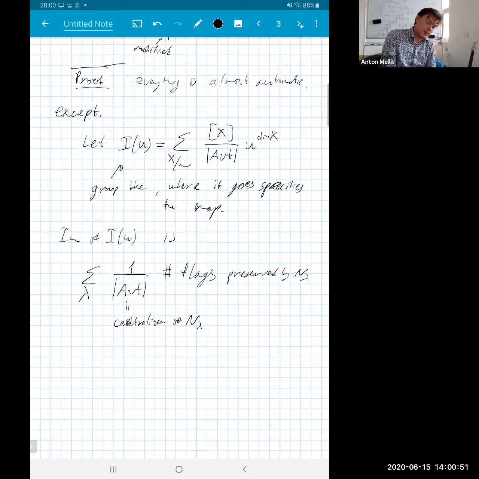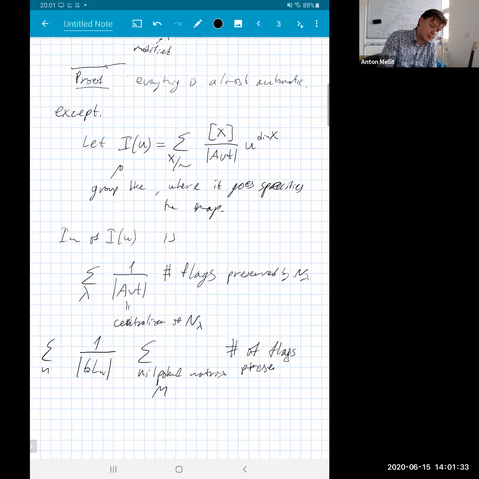And now we just use the following trick. First we write 1 over the centralizer as the sum over all nilpotent matrices M, taking 1 over the size of the group, where lambda is fixed, and then we put here the number of flags preserved by M. We didn't change the order of summation.